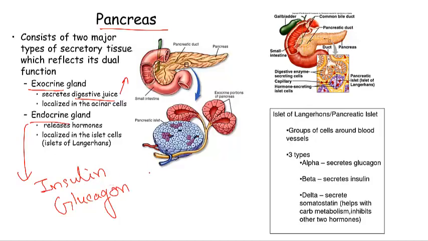Insulin lowers the level of blood glucose by uptake of glucose by other cells, and it also converts that glucose into glycogen and stores it in the liver. It also helps in triglyceride synthesis by the adipose tissue of our body.